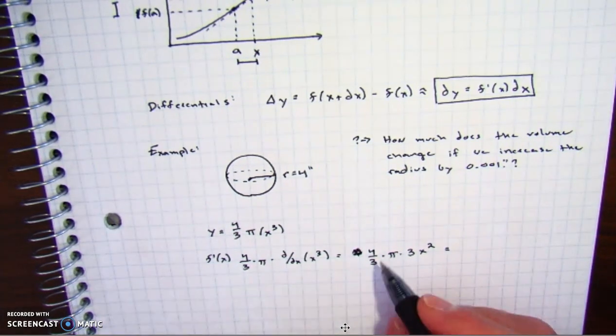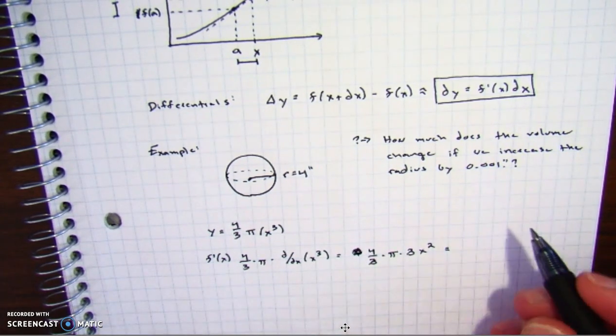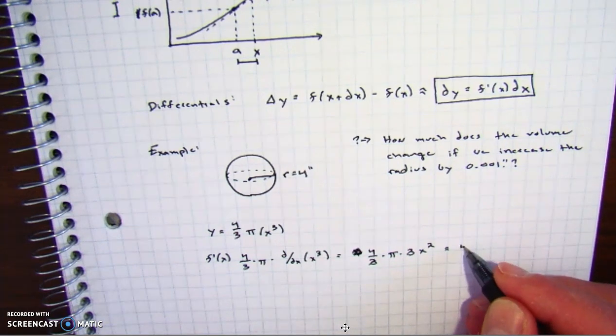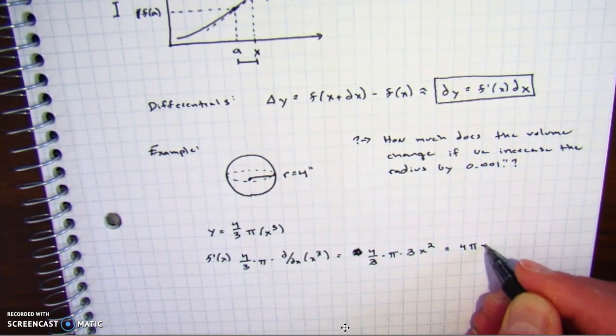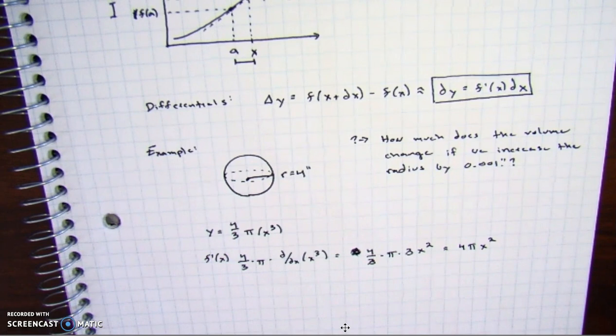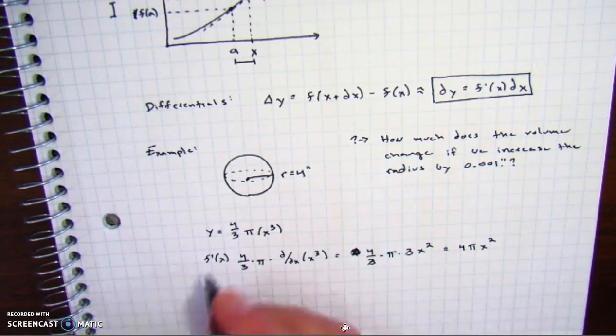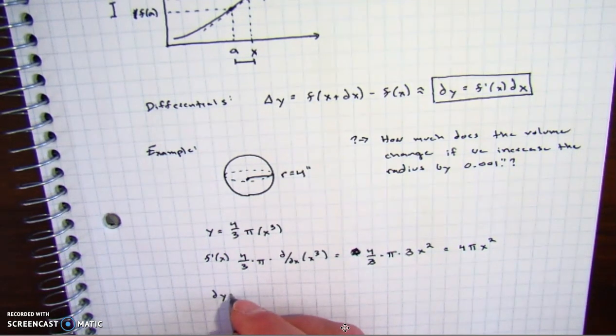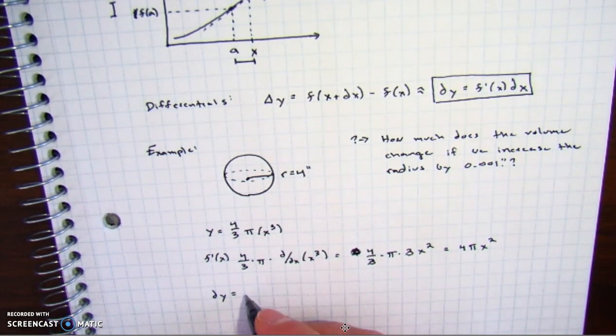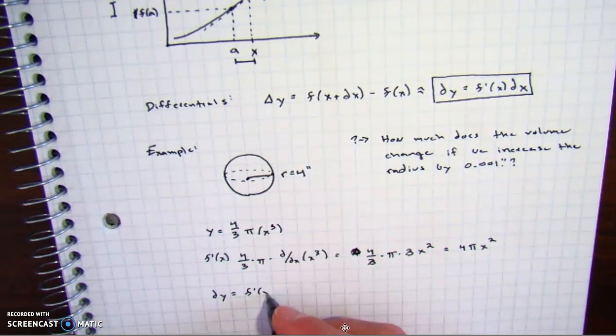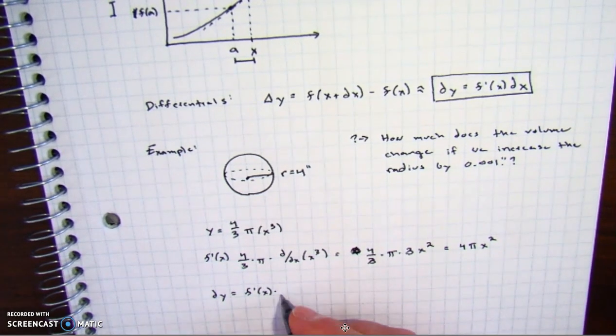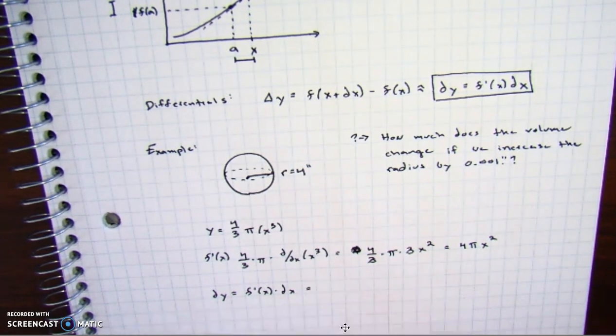All right, so let's simplify. 3's are going to cancel out. So I'm left with 4 pi times x squared. Okay, so that is going to be the derivative. So now I know that my change in y can be approximated by that derivative times how much I'm going to have x change. Okay, well, I've already figured out all of this.